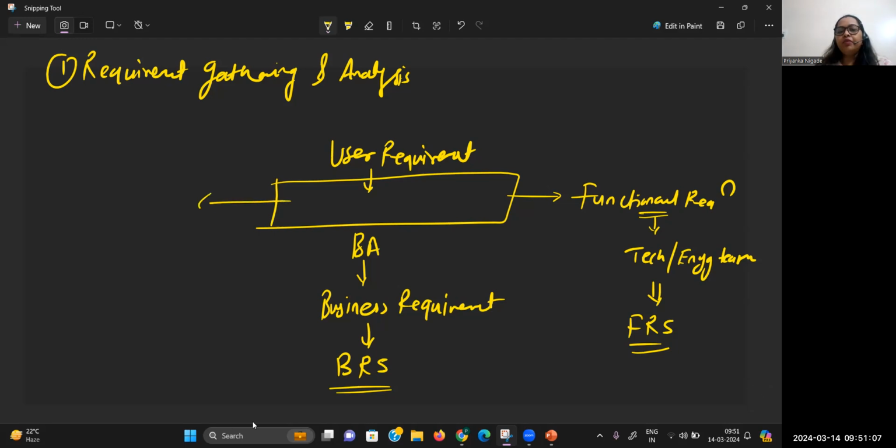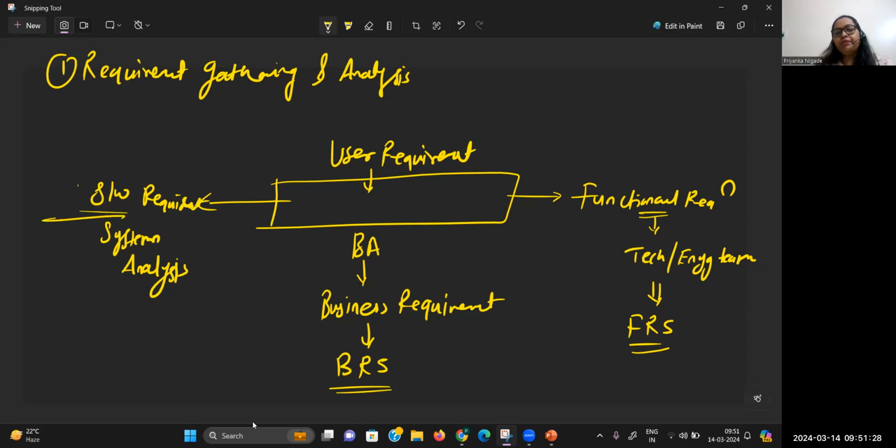Similarly, from the given set of user requirements, the system analyst, not architect, system analyst, is responsible to get all the requirements related to the software application. So software requirements simply get separated out.